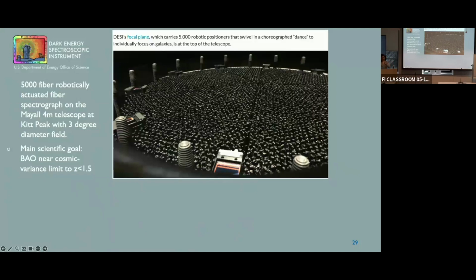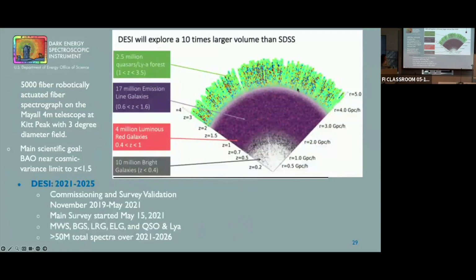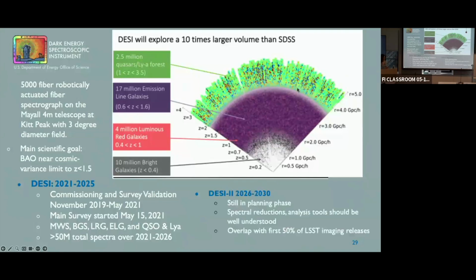It has three different spectrographs, the G, R, and Z band, and its main goal is to measure dark energy. Most of the observations are for high redshift stuff, but we do actually have observations of stars.